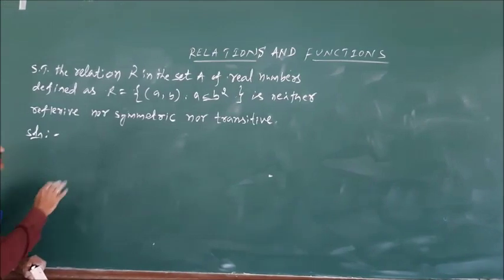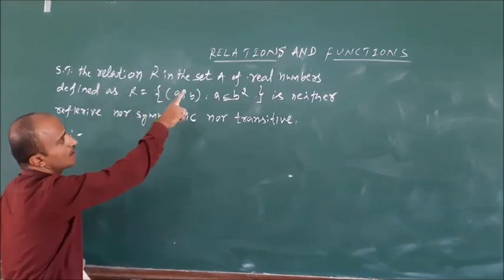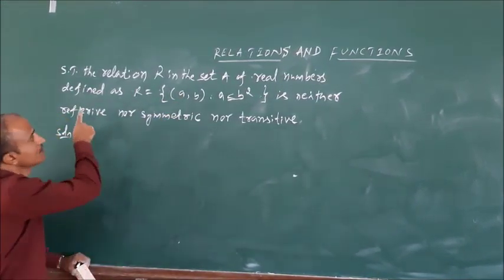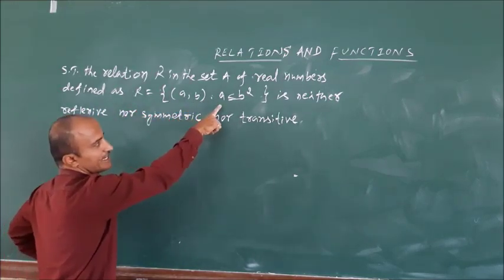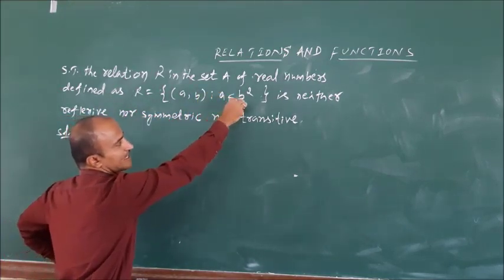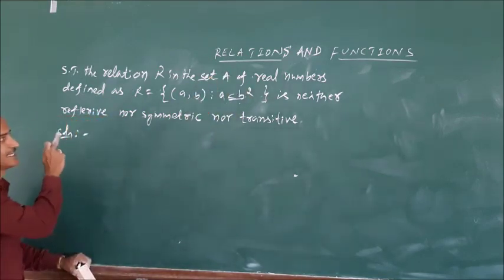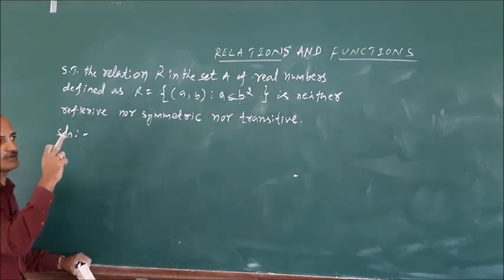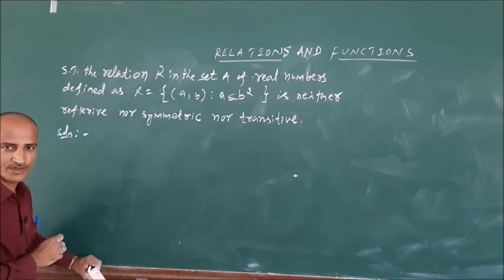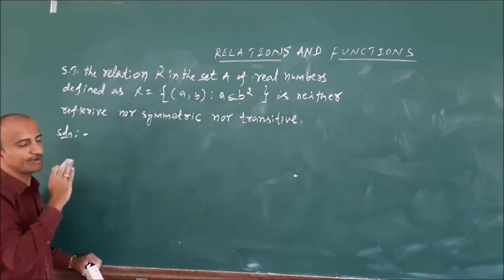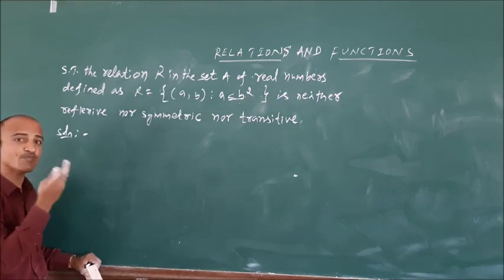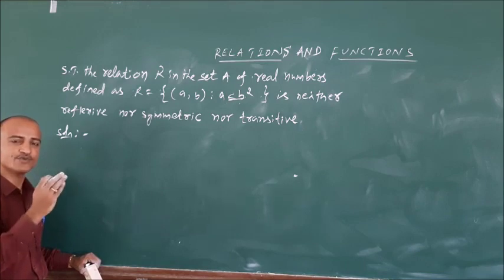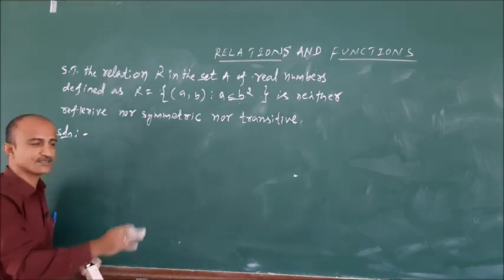Here they have given a relation R defined on the set of real numbers, the set of all ordered pairs (a, b) such that a is less than or equal to b square, which is neither reflexive nor symmetric nor transitive. One more thing that is very, very important to know: whenever the relation is not possible, you can give a counterexample instead of proving generally.